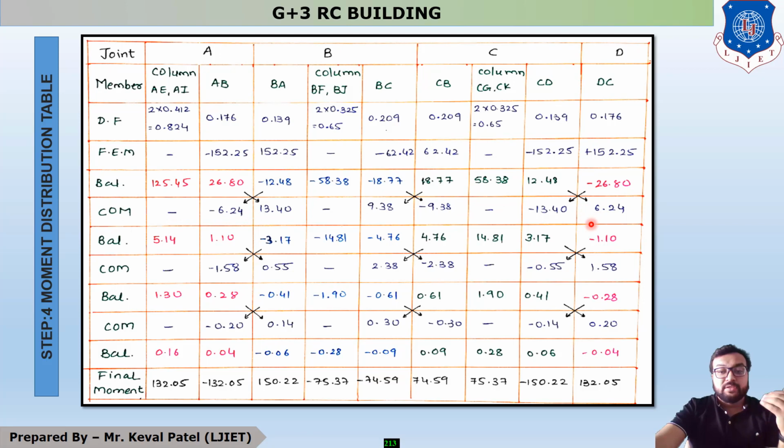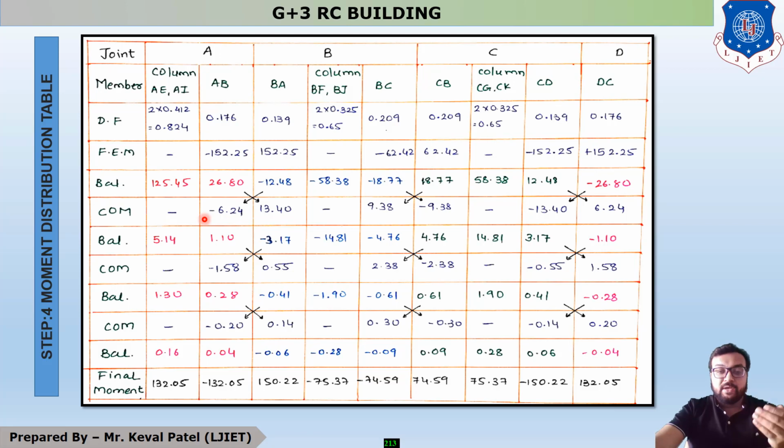After finding out the COM, the next step is to find out balance. Now, the calculation of balance. Now, for balance, all the steps are going to repeat, because you can see that this is 0 and this is minus 6.24. Now, whenever you're at junction A, your unbalanced moment was minus 152.25, now it is minus 6.24.